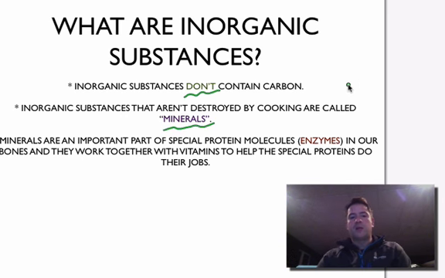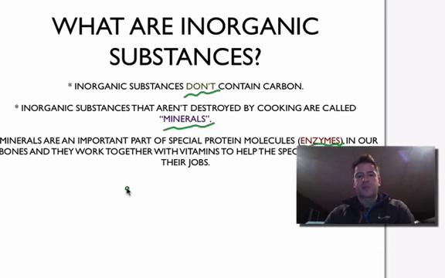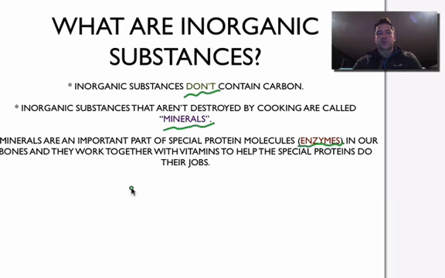So minerals are an important part of a special protein molecule in our bodies that we call enzymes. And remember, enzymes from the last unit are a form of a catalyst, and they help to speed up chemical reactions. So they're in our bones, these special protein molecules, and they work together with vitamins. So vitamins right here actually help the special proteins do their job.